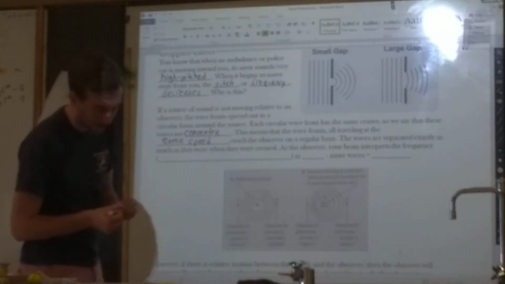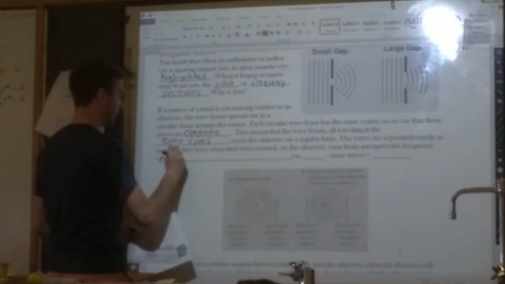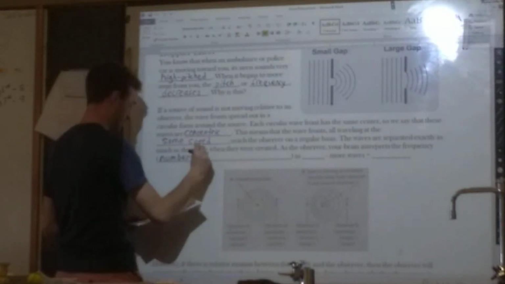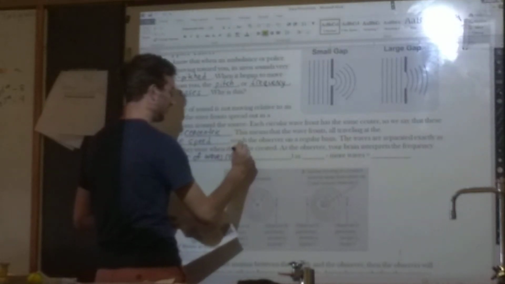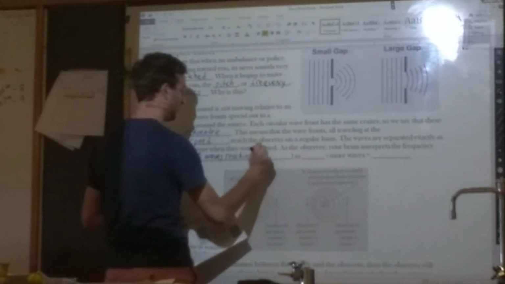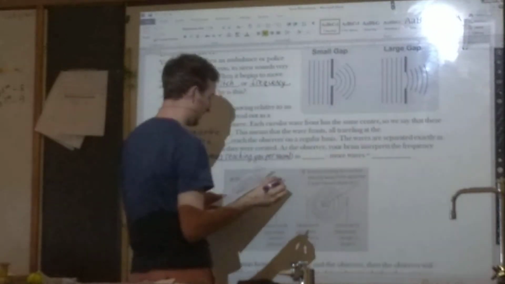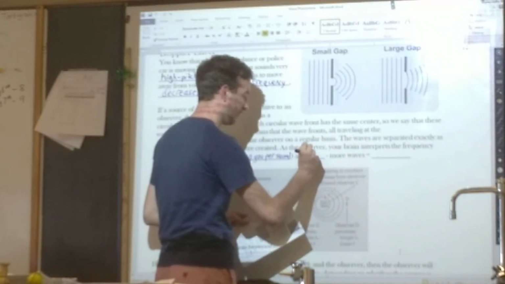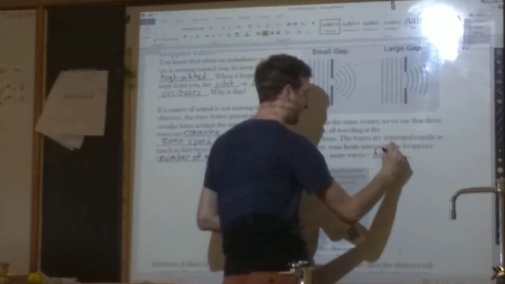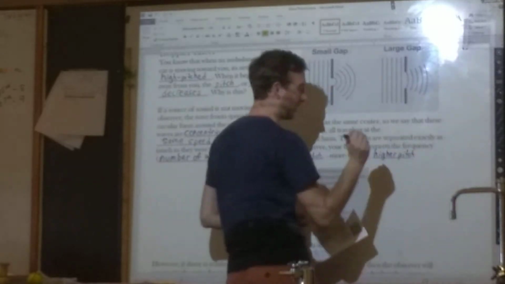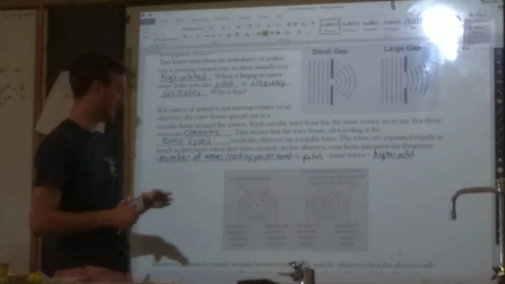Okay? Your brain is interpreting the frequency, or in other words, another name for frequency is the number of waves reaching you per second. Your brain interprets that as pitch. If more waves are reaching you, well, that means there is a higher pitch. So, that's what's happening here.